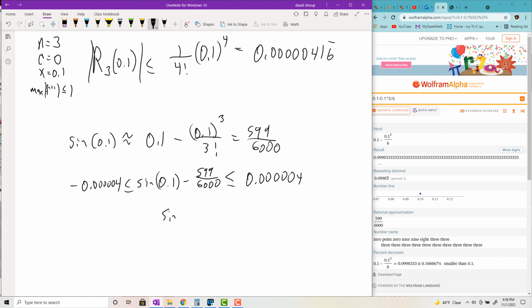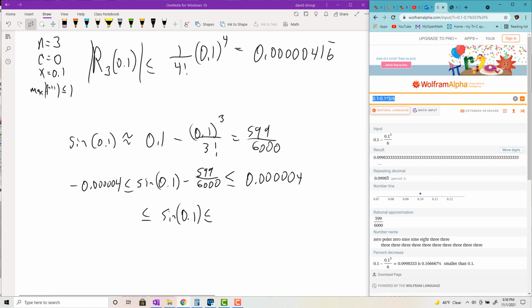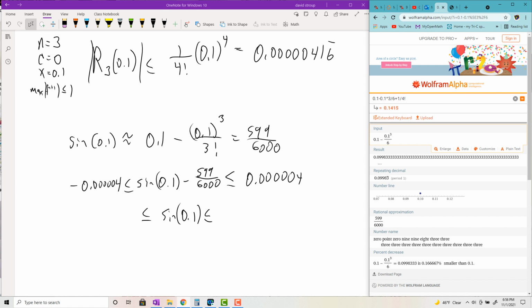Then you could solve for sine of 0.1 and you get this inequality. So whatever this thing is, plus the 1 all over 4 factorial times 0.1 to the 4th.